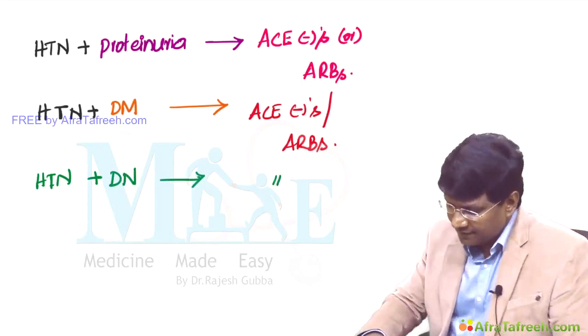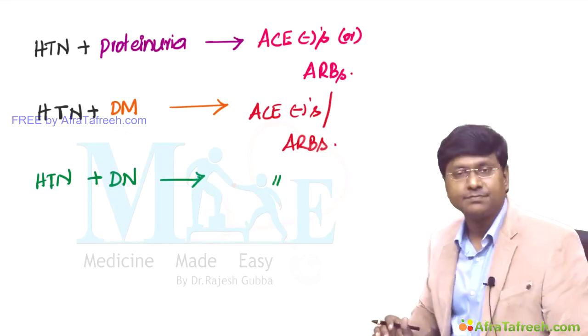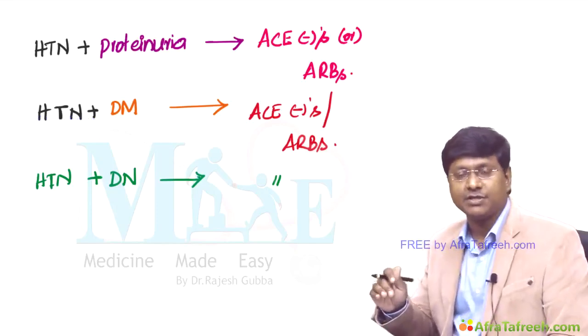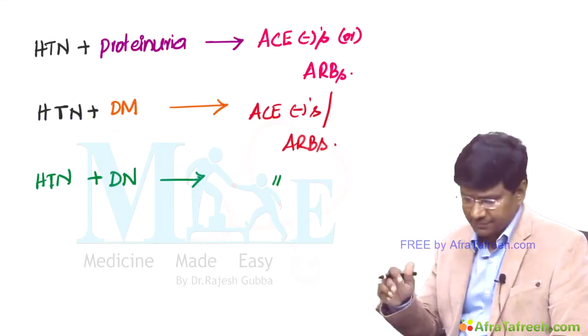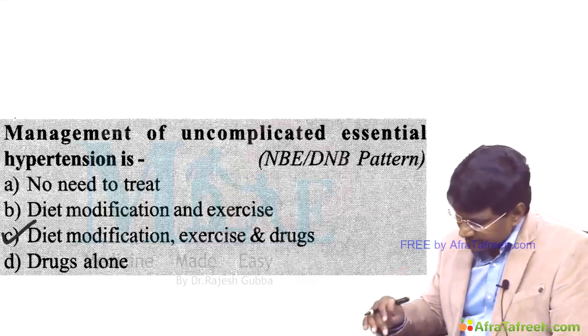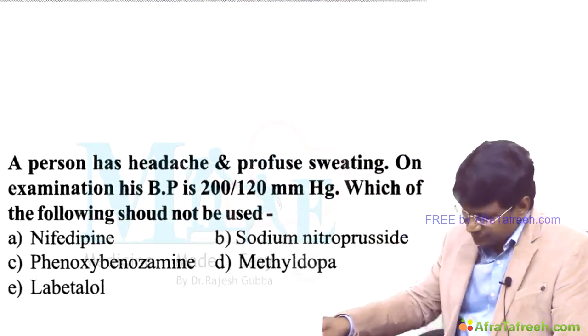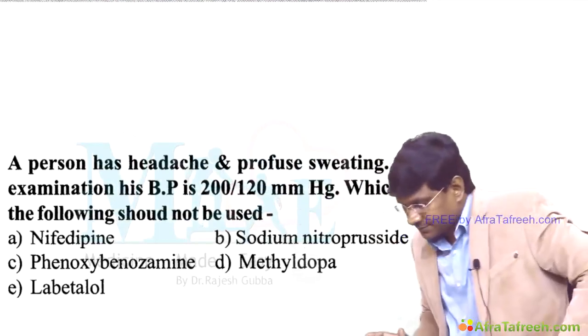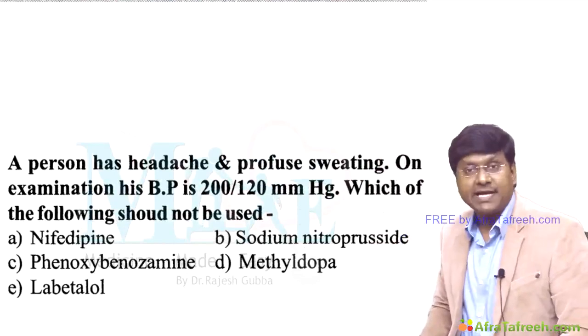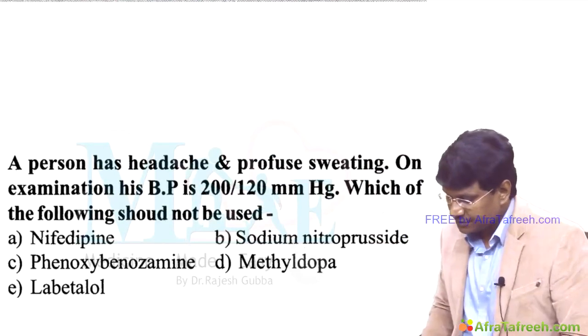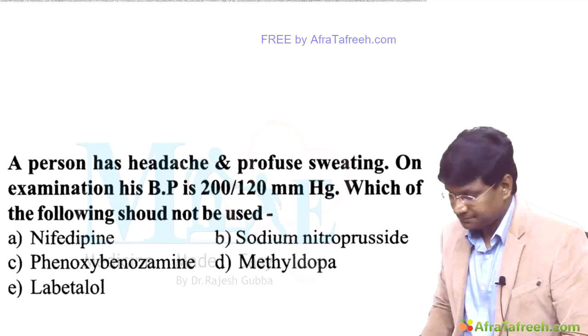Next, after having discussed the individual drugs to be given in patients with uncomplicated hypertension, let me show you a clinical scenario where the individual is having hypertensive crisis. Now you see the question here. A person has headache and profuse sweating as well.